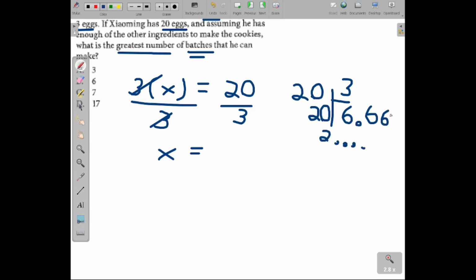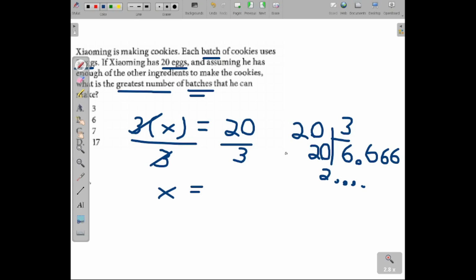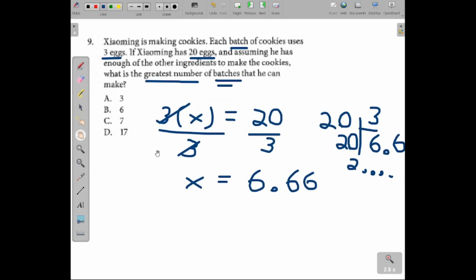So 0.6, 0.6. So the answer is x is equal to 6.66. But as we can see on the options, we only have 6. And we cannot make 0.66 of a batch. So the right answer in this case is 6, B.